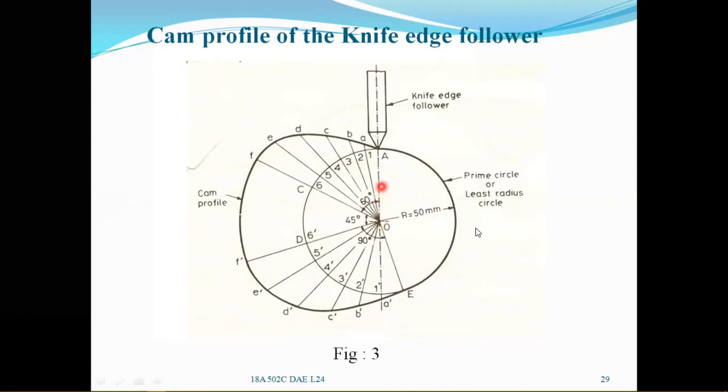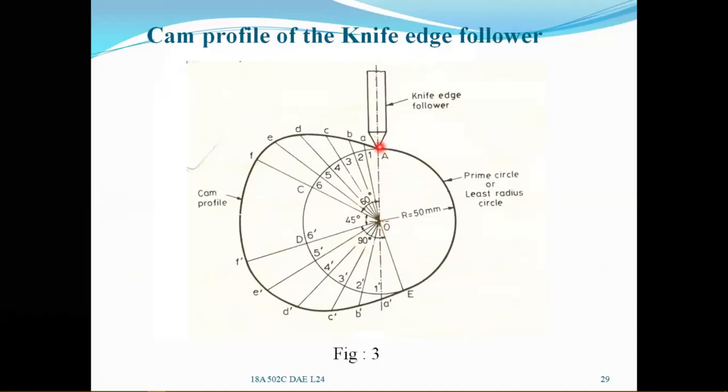And mark any point on the circle. From this point, draw a knife edge follower, and the axis of the follower should pass through the center O of the base circle or prime circle, and from line OA mark the angles of outstroke, dwell, return stroke, and remaining dwell period.